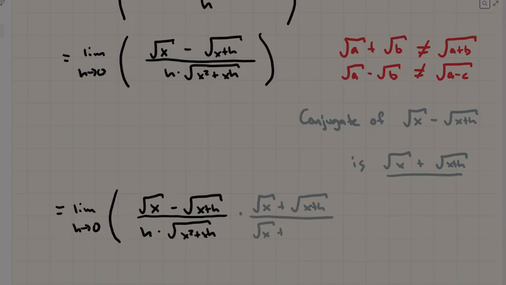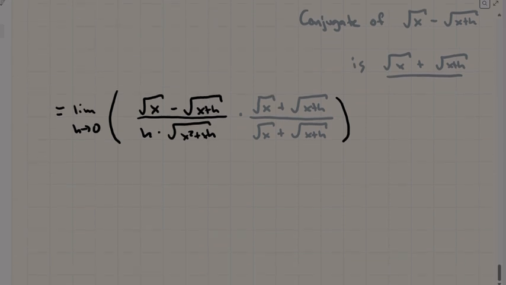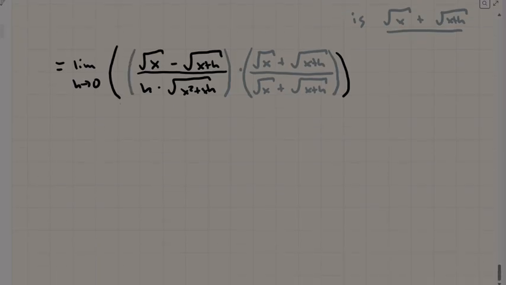So the numerator and the denominator have to be the same, so that it's like we're multiplying by 1. Just be a little careful with your order of operations.